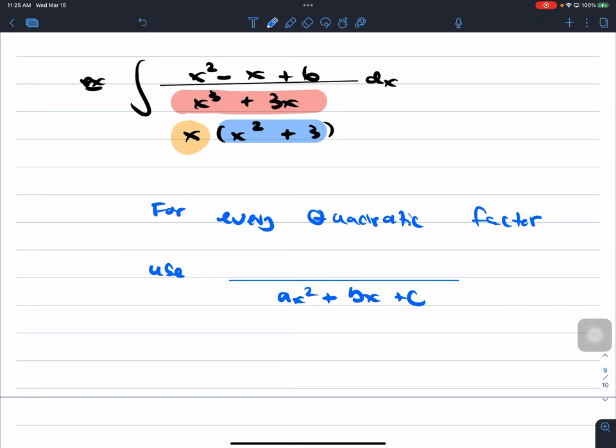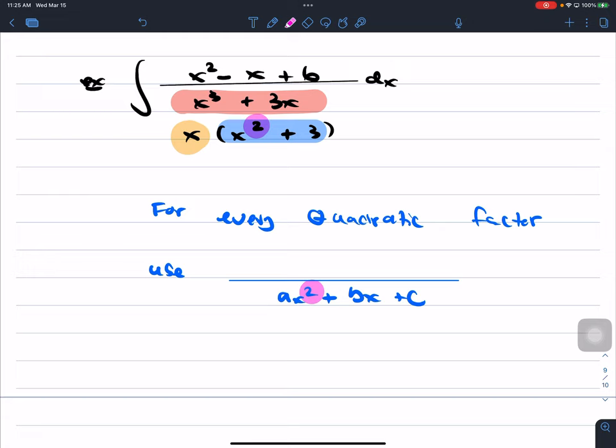Here's what I'm going to say to you guys. What if the power is 2? This is how we know it's a quadratic factor, in case you guys didn't know. Highest power is 2. And you can't break it down. You can't factor it further.